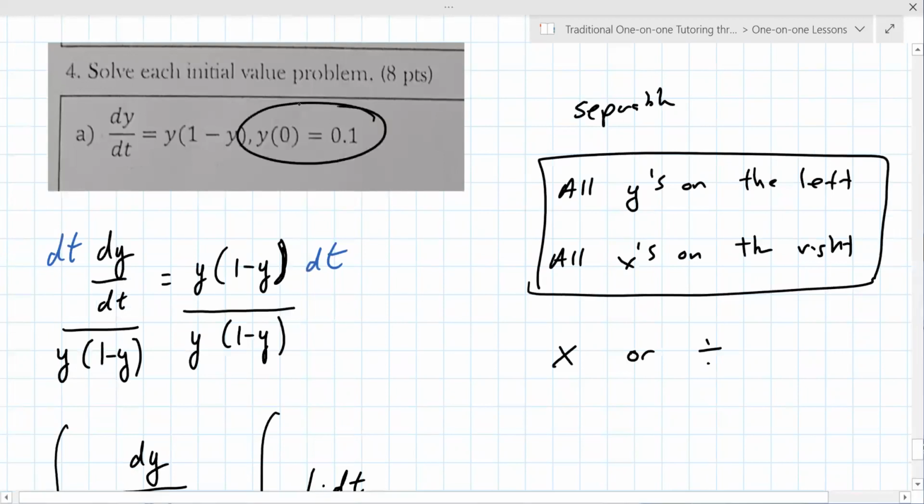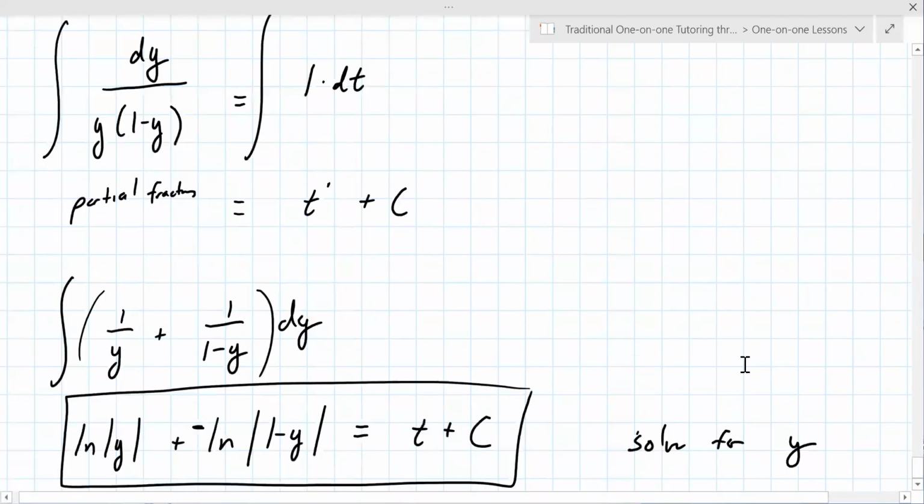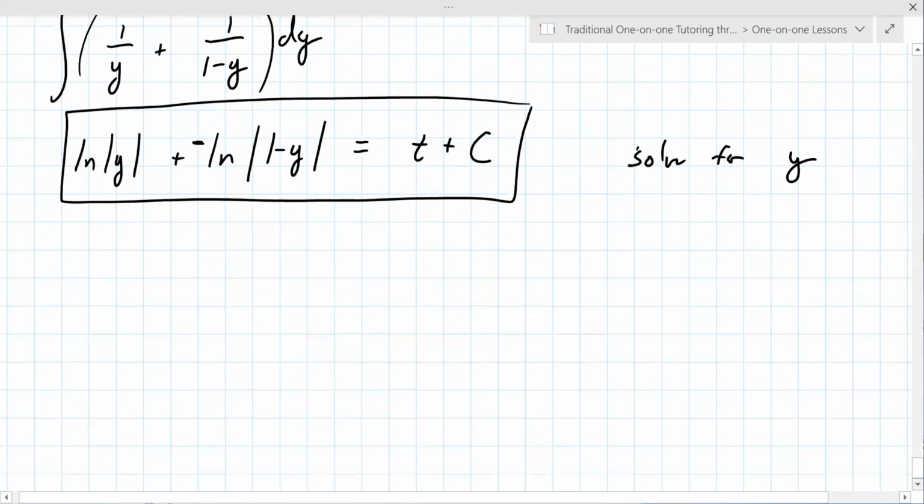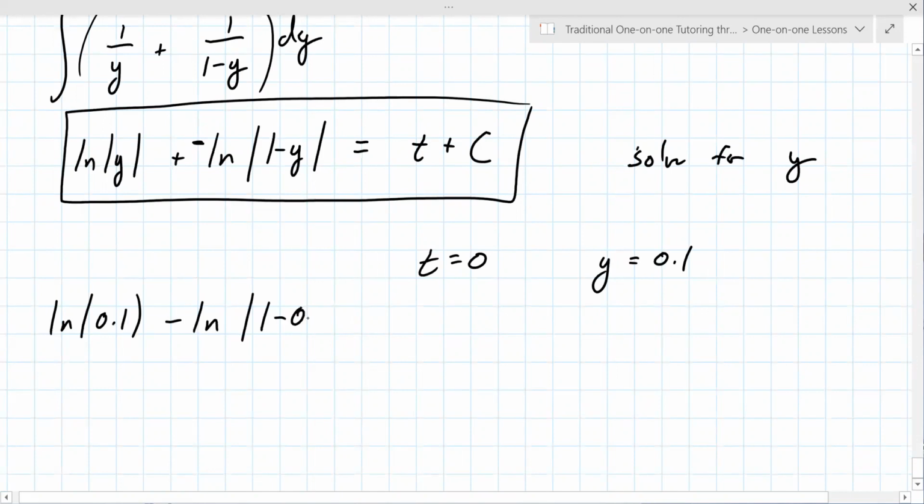See this y of 0 equals 0.1. So they're saying when x is 0, or t in this case, when t is 0, y is 0.1. So it's natural log of 0.1 minus natural log of 1 minus 0.1 equals 0 plus c. So on the left here, this is the natural log of 0.1 minus the natural log of 0.9 equals c.